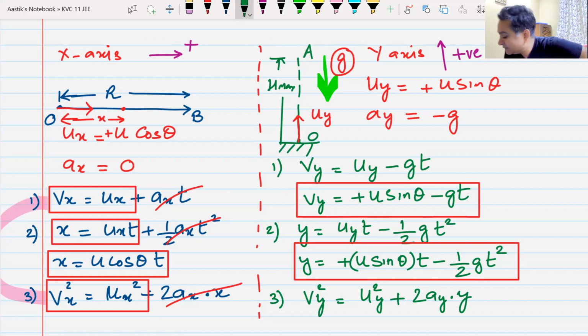Okay, so that's it. Basically, this motion can be broken up into two, one along horizontal and one along vertical. Horizontal motion is very simple. It is without acceleration. The vertical motion is simply motion under gravity that we have already done.